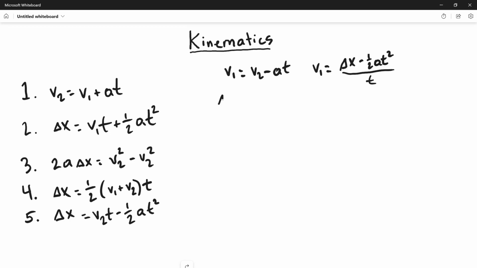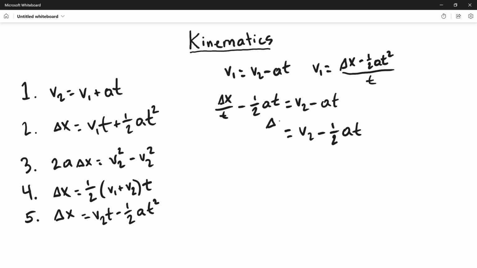And I'm going to say that delta x divided by t minus 1/2 at is equal to v2 minus at. Now we'll add this to the other side. It's 1/2 of an at, so we'll have v2 minus a negative at plus 1/2 of an at is going to leave us with 1/2 of an at.